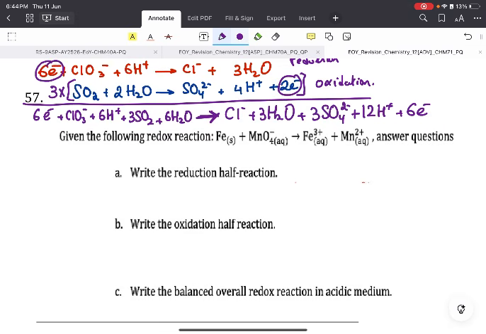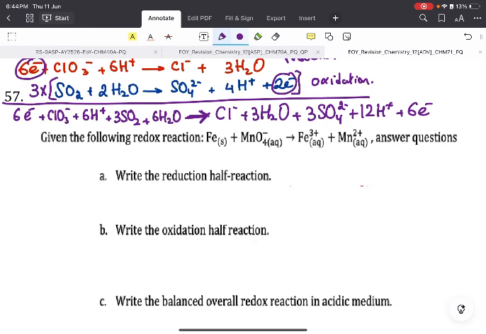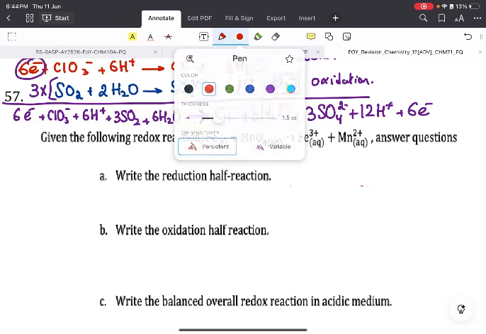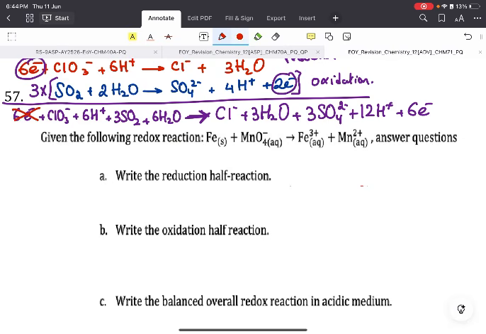Now, this is almost the last step. After you write this, do not forget to cancel out the common substances. So, I have here 6 electrons, they cancel out. I have 6H plus with 12. So from the 12, I have 6 left. I have 3H2O and I have 6H2O.